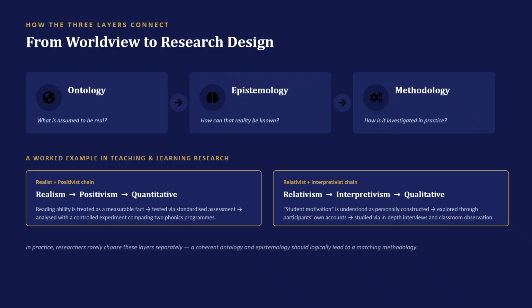So if you have your ontological view as realism and your epistemological view as positivism, then definitely you are going to do a quantitative research. And then according to relativism, that is your ontological view, and then interpretivism or constructivism, this combination leads to qualitative research.